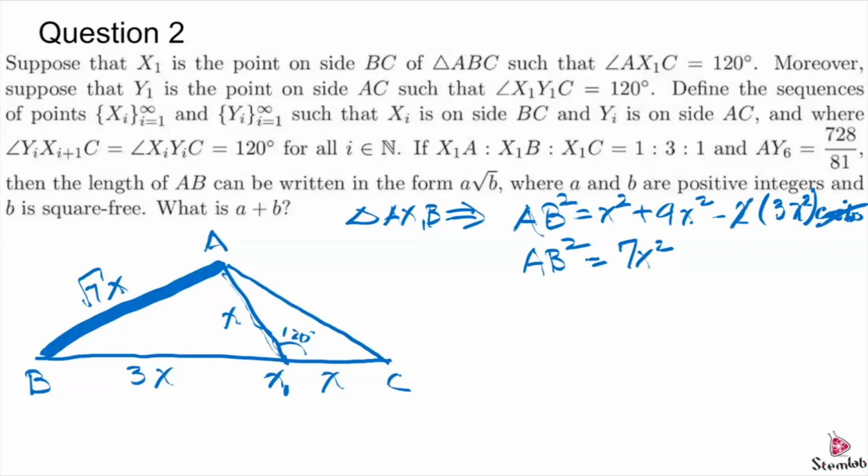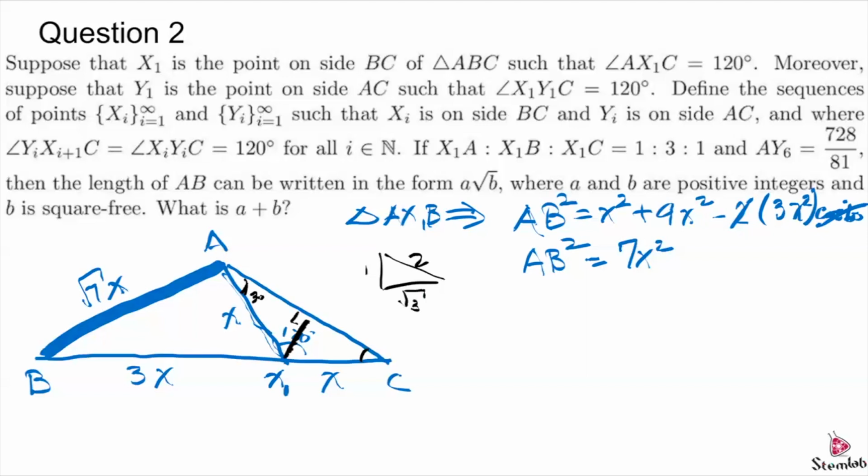Now we want to find AC first, actually. Notice that if I drop this perpendicular here, because it's an isosceles triangle, we actually end up with a 30, 60, 90 triangle, where this is 30 and this is a right angle. Remember, the 30, 60, 90 triangle, the ratio of the sides is 1 : √3 : 2.